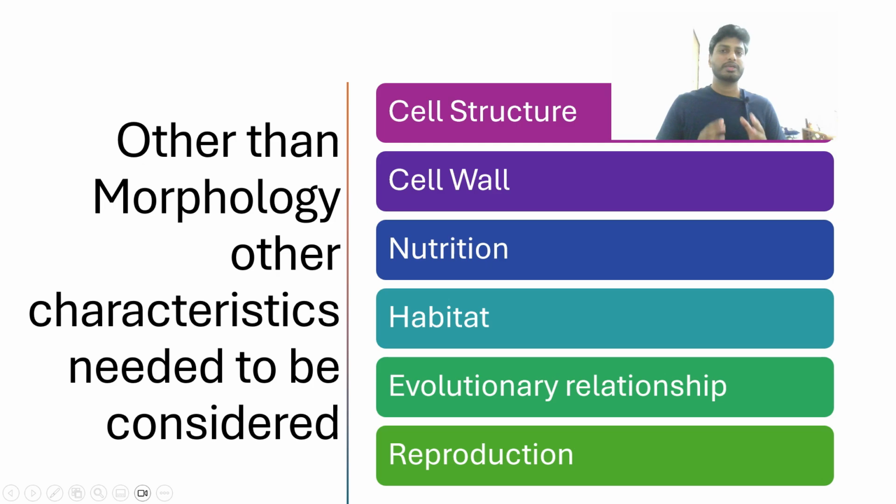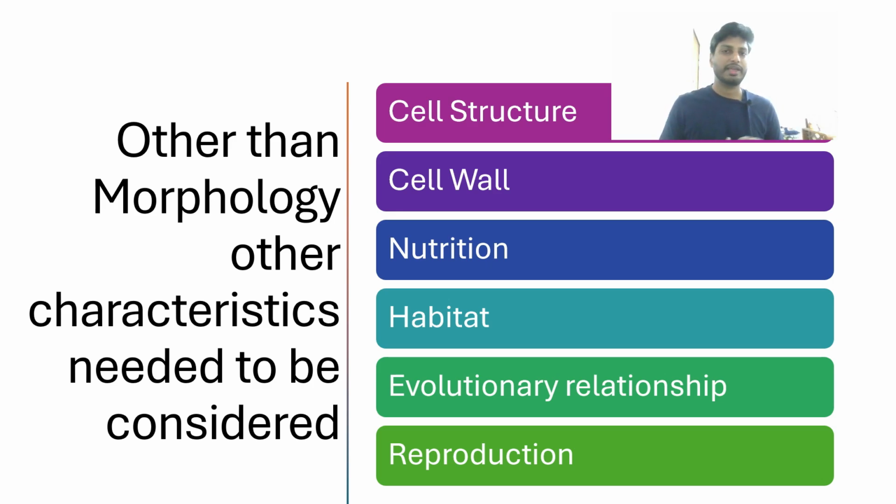Now dear students, the problem with the classification made by Aristotle, or by Carolus Linnaeus, was that it did not consider some important factors which were necessary. What were those factors? The factors were cell structure, cell wall, nutrition, habitat, evolutionary relationship and reproduction.